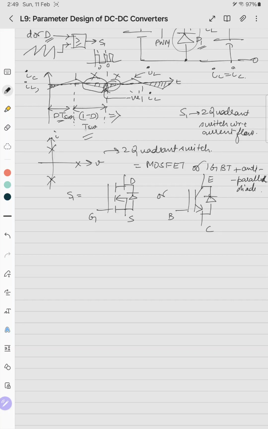Why? Because you can easily shift the coordinates and make from here to here the on time, D into TS, and here to here the off time, T off, which means that this becomes like this. This becomes IL. This portion gets clipped away.